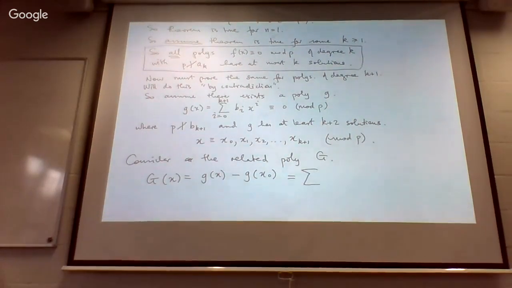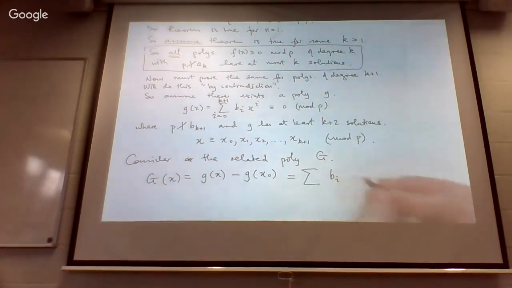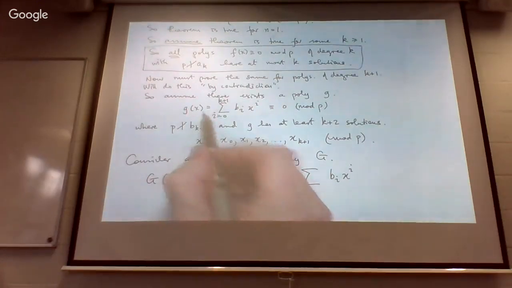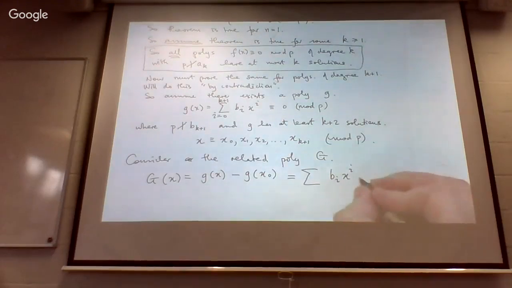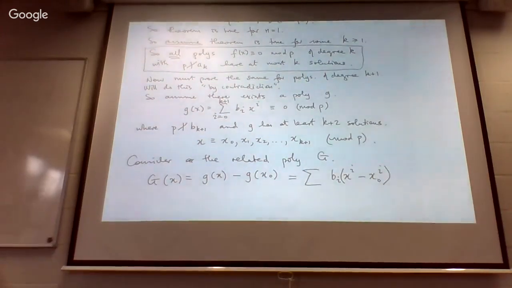So we can write out what this polynomial looks like. The coefficients of little g are b_i. We have the polynomial g, so that's b_i times x to the power i. But then you're subtracting g of x naught, which is the sum of b_i times x naught to the i. So you're subtracting all these powers of x naught. Each of them is multiplied by b_i, so you can factor it out. And we're summing over the values.